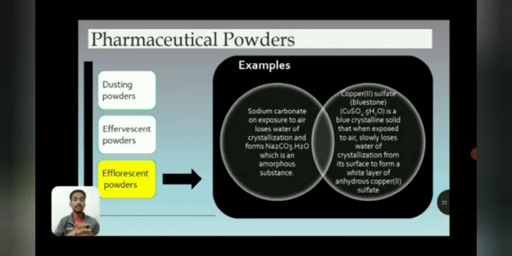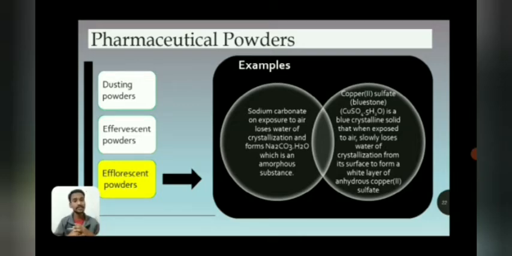The most common example is sodium carbonate. Sodium carbonate does not absorb any water from the external environment; it loses water and becomes an amorphous substance.